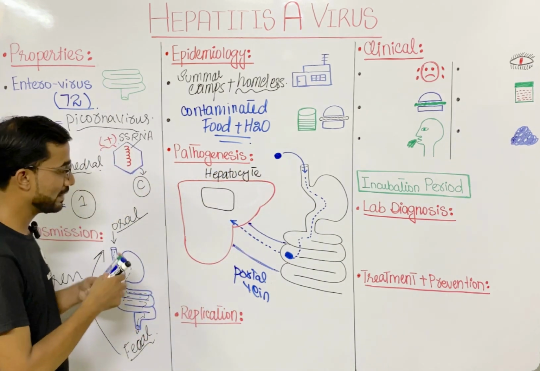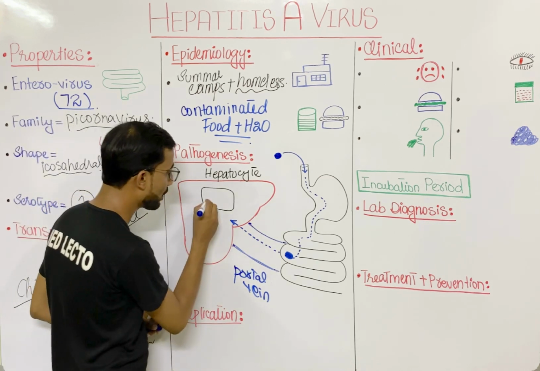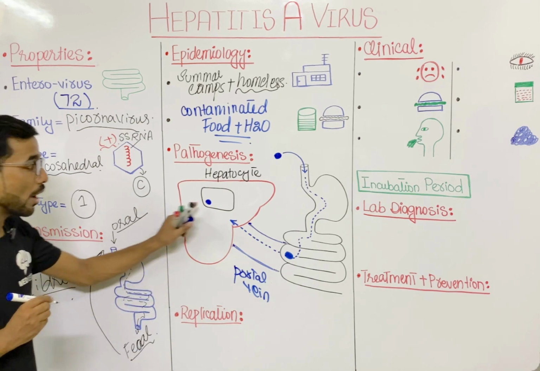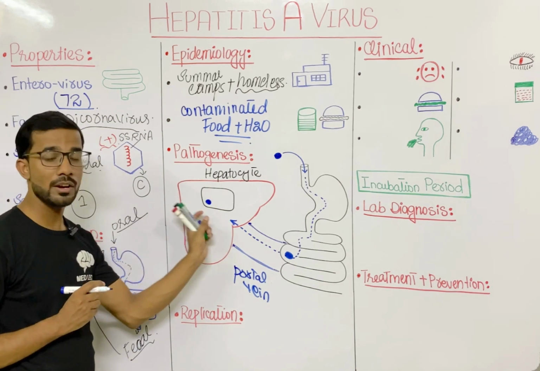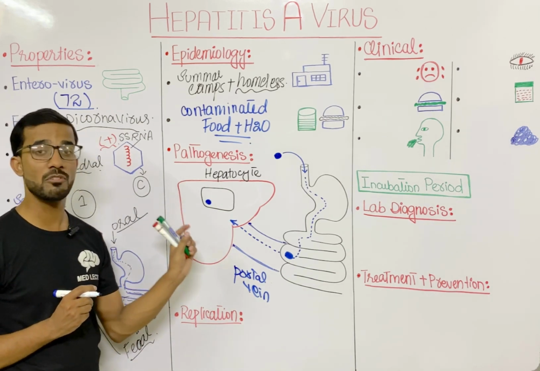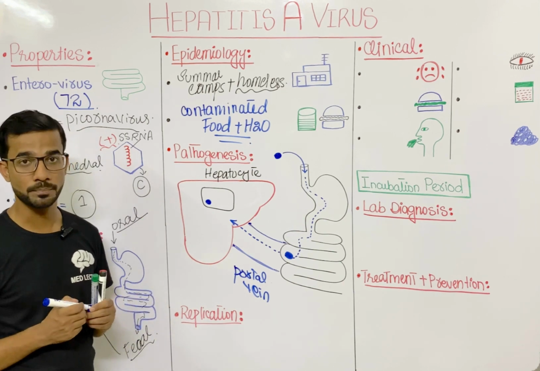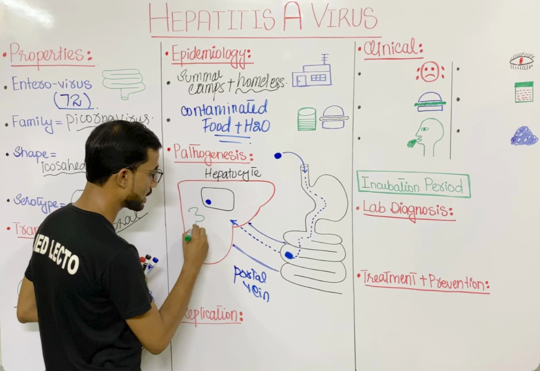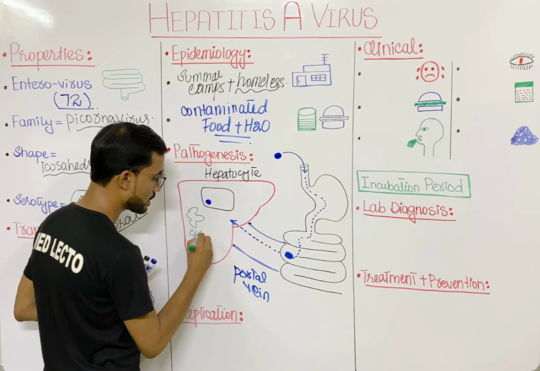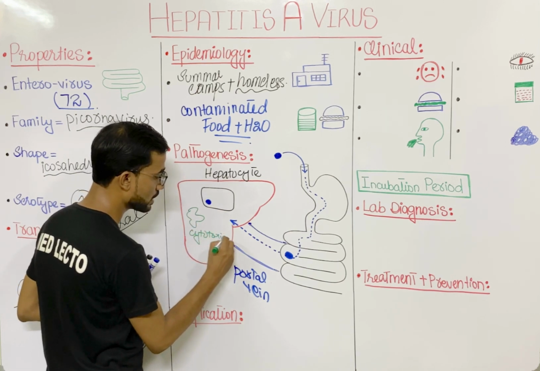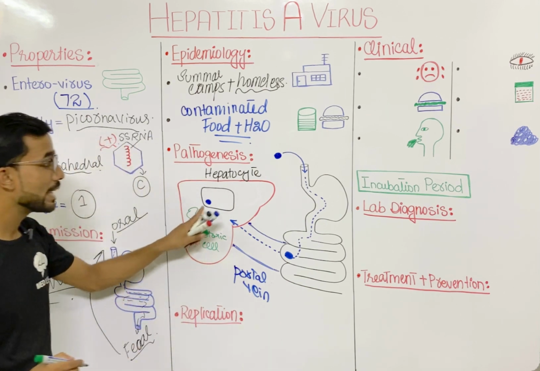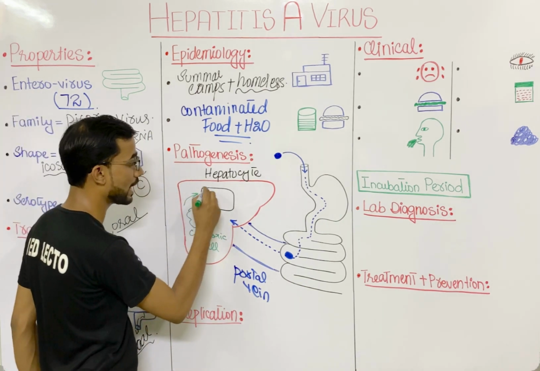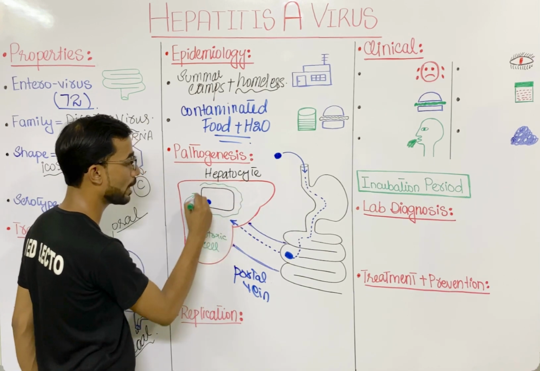Okay. When that virus infects the cells, or you can say hepatocytes, then after that, that cell of the liver, the hepatocyte, will be detected by the immunity. And the cytotoxic cells detect the infected hepatocytes, attack these hepatocytes and destroy the whole hepatocytes.